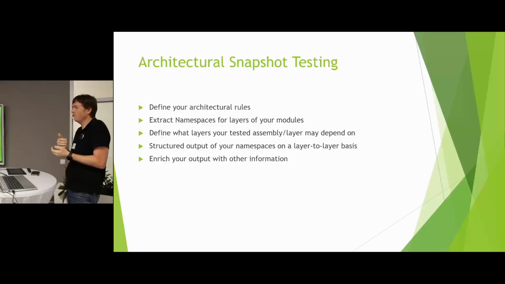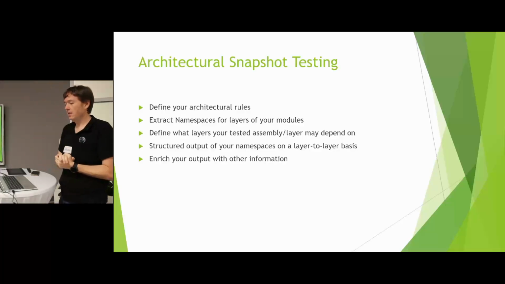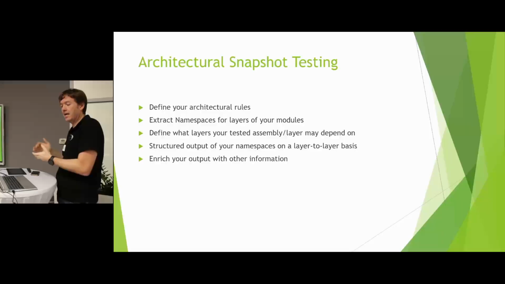You don't really want to use a class by class basis, because then your output files would explode. And you put any kind of output in there that ensures that when you break the test, you easily see where the violation was.